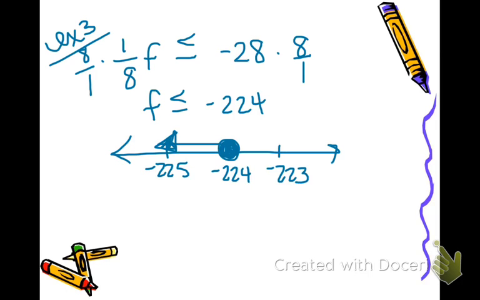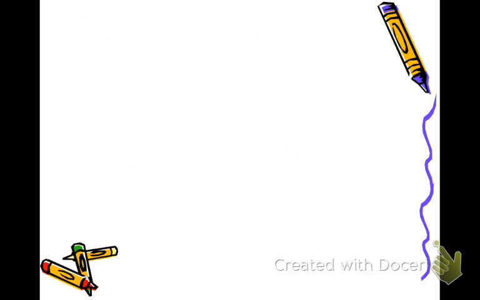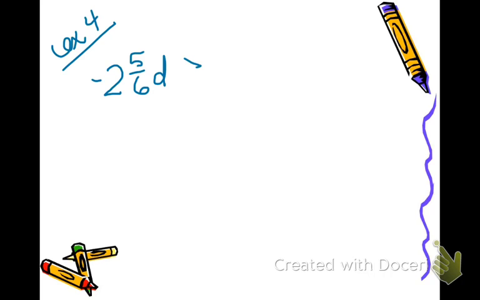Okay, well, let's try another. Our final example of the day. Let's try negative 2 5/6 d that is greater than or equal to 6 4/5.